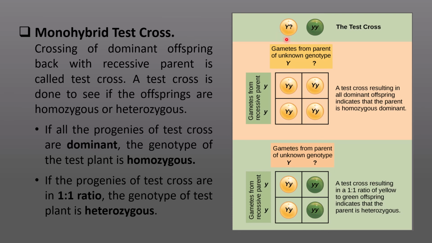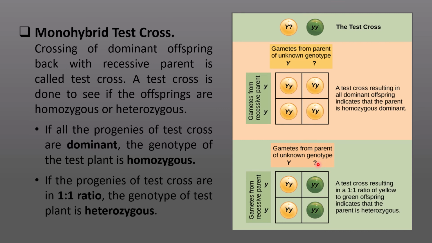So when these two are crossed, this is a recessive parent and this is an F1 hybrid. In case this was homozygous dominant, we would take capital Y here. So we see all the offspring are dominant. So we can tell that if all the progeny of the test cross are dominant, the particular F1 hybrid is homozygous.